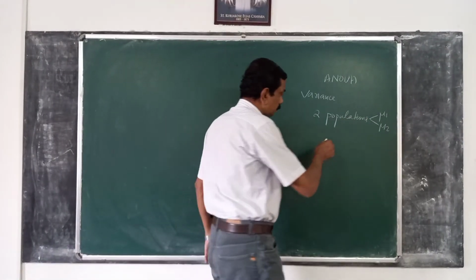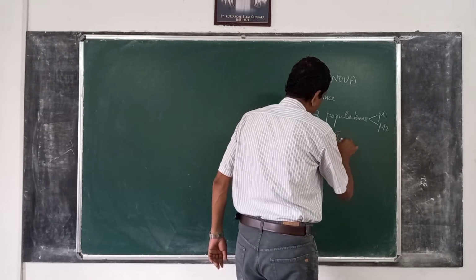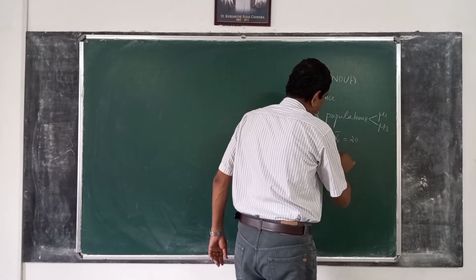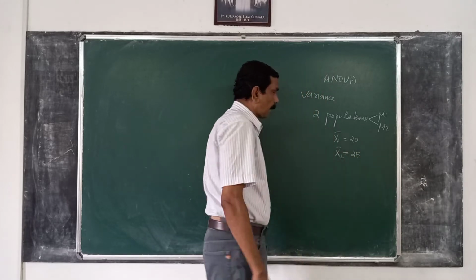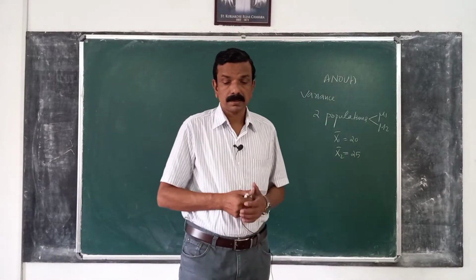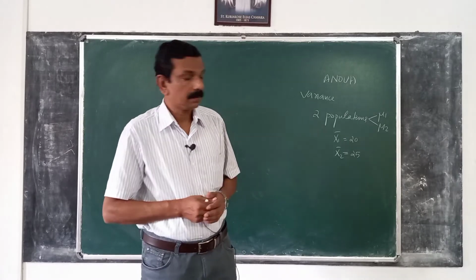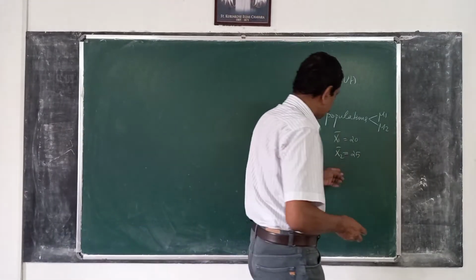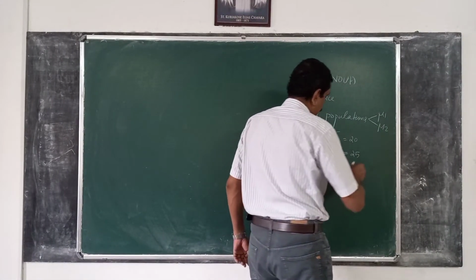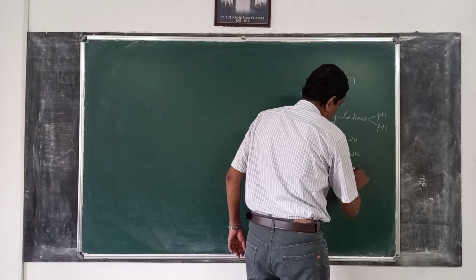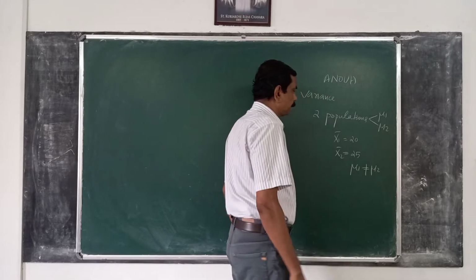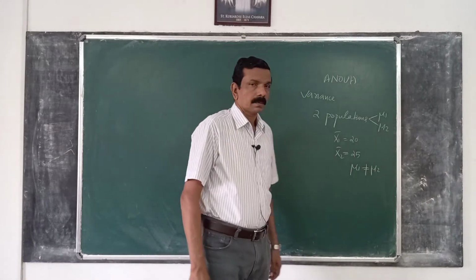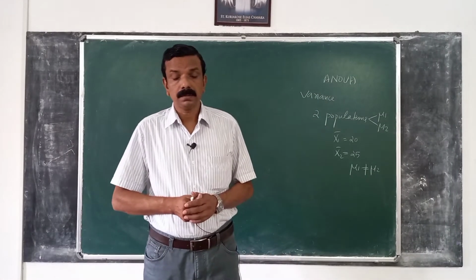Suppose that the sample means are 20 and 25, and based on this information, can we conclude that mu1 is not equal to mu2?